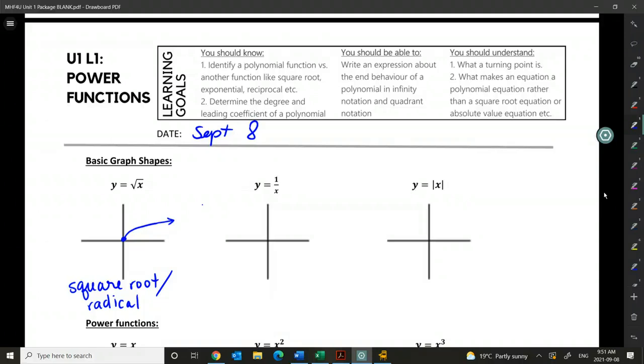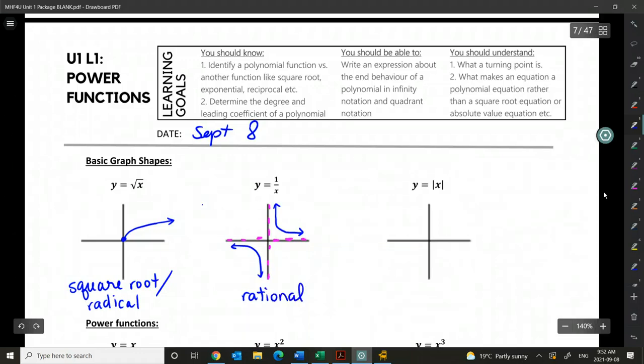It has two pieces that are diagonally symmetrical. This is the one that had those asymptotes, those invisible lines that our graph doesn't cross or touch. And then it has those two diagonal pieces that are symmetrical. We call this a rational function, rational meaning fraction.